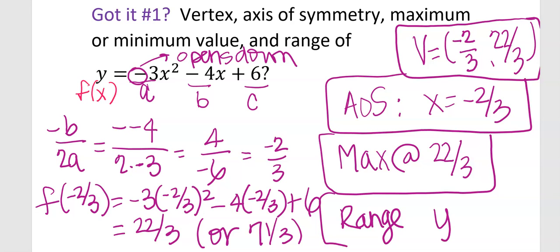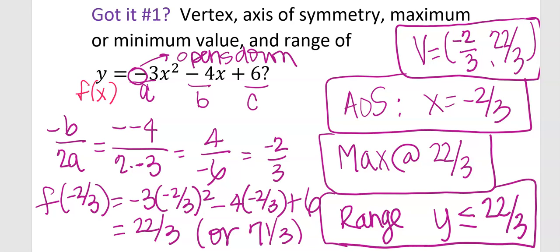Y values over or under? If it's a maximum, it's at the top, right? And it would be everything under the y value of the vertex. So y less than or equal to 22/3. Or you could do all real numbers less than or equal to 22/3 or 7 1/3.